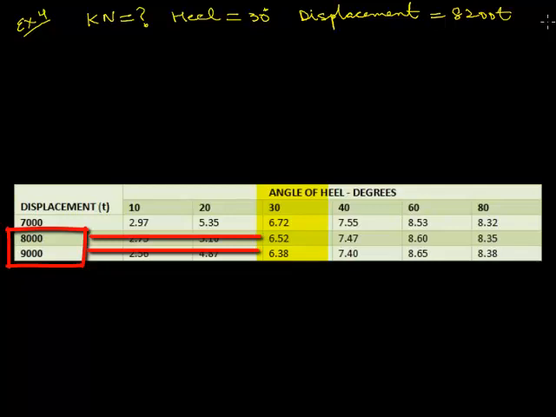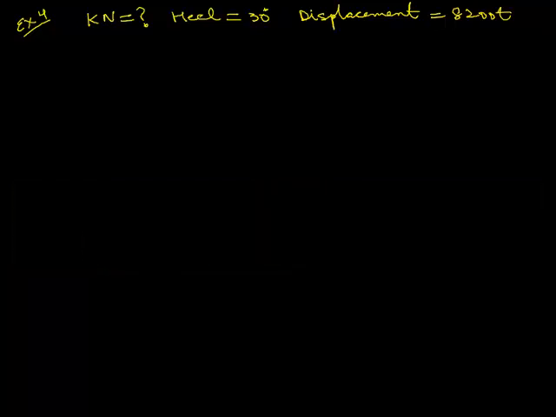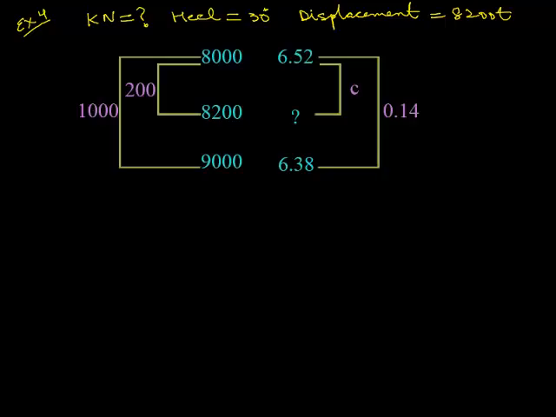Okay, now again let's set it up, and by now you know that we find the differences between all the points. We don't know Kn corresponding to 8,200, so the difference between 6.52 and the unknown is represented with C, and you can pick any variable. It's just a letter C that I picked.